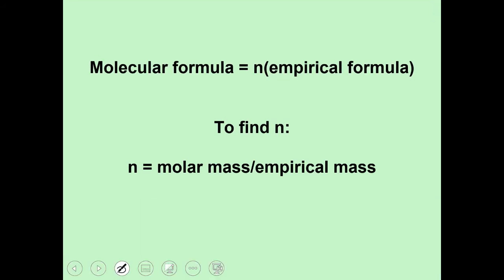So the molecular formula is a multiple of the empirical. To find the multiple, the multiplier, you take the molar mass of the compound and you divide by the empirical mass, okay? This is going to be a whole number. And this is your multiplier, okay?